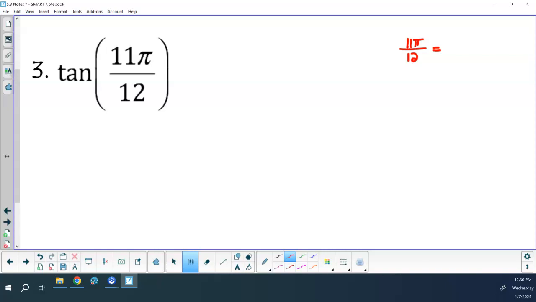So what adds or subtracts to be 11? 6 and 5. 6 pi over 12 reduces to pi over 2. 5 pi over 12. Is 5 pi over 12 on the unit circle? Nope, we can't use that. Okay. Next pair.